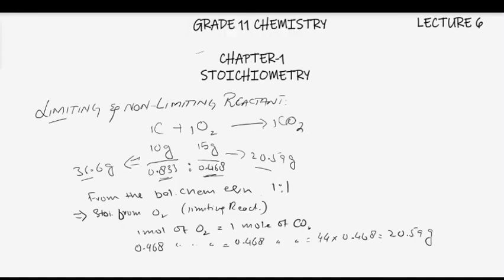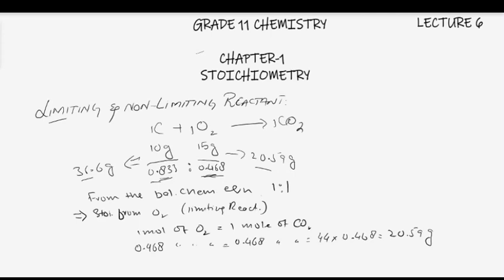And we can never have 36.6 grams of carbon dioxide. Why? Because to produce 20.59 grams of carbon dioxide, we must have 0.468 moles of oxygen as well as carbon under this scenario, and we have the same number of moles present for both of the reactants.